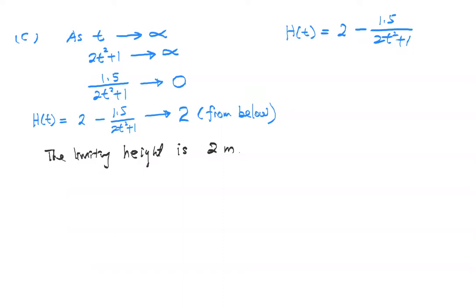So if I want you to interpret this, the meaning of the limiting height is 2 meters. So how are you going to put it? If I want the meaning of this, does anyone want to try?